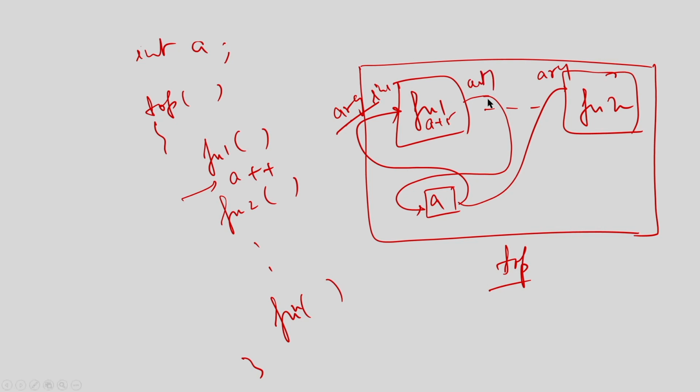It may create only one port, because if it is only updated there and you are not accessing it, you are just updating that value. Suppose here you are doing a equal to 6. That means you should have an output port here which will update this. So, the bottom line here is that once you have a global variable within the hardware, it becomes accessible to all functions.